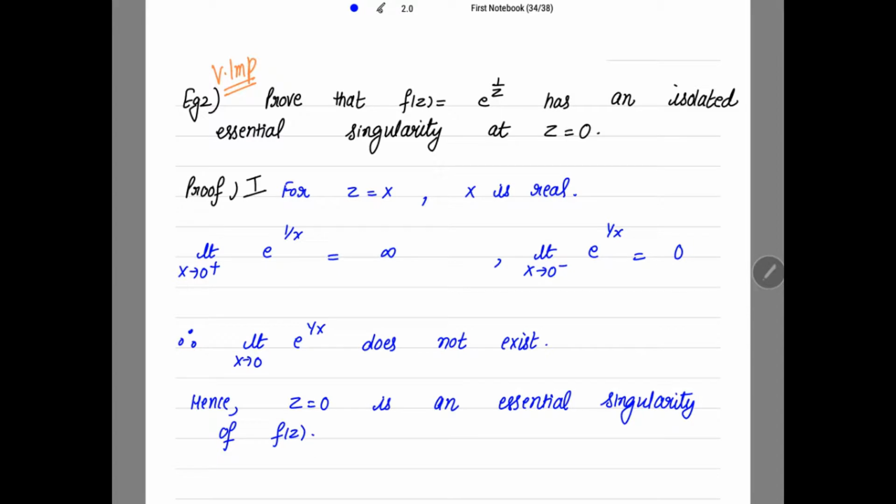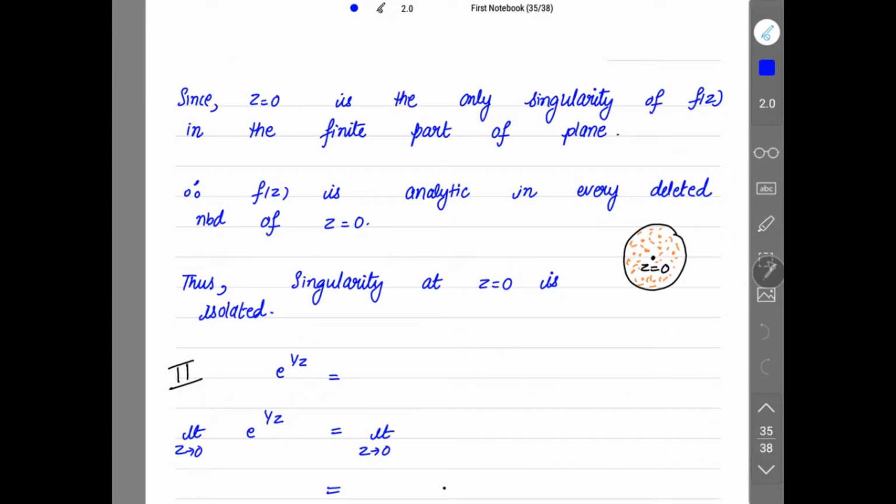Now whether this singularity is isolated or not, let's check. Since z equal to 0 is the only singularity of f(z) in the finite part of the plane, f(z) is analytic in every deleted neighborhood of z equal to 0.